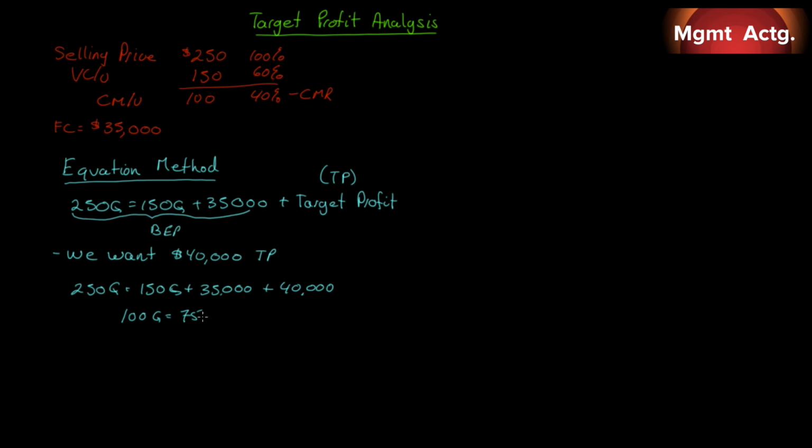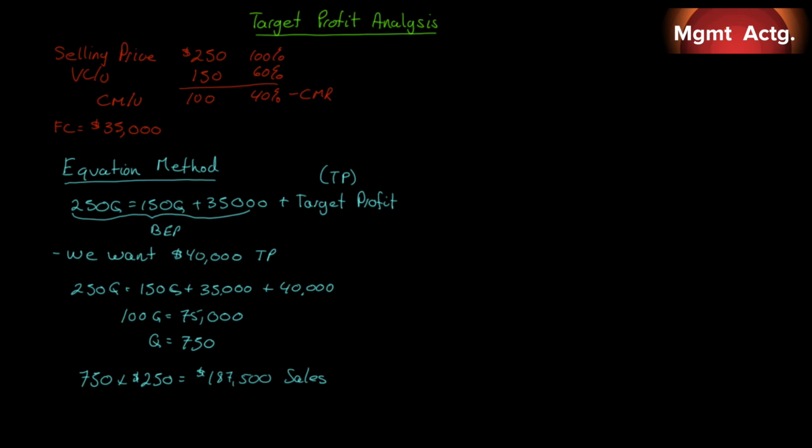Q will equal 750 units. If we sell 750 units, there's our target profit of 40,000. So 750 units times $250 a piece equals $187,500 in sales. And there's our target in quantity and our target in sales. We'd have to hit those levels to get 40,000.